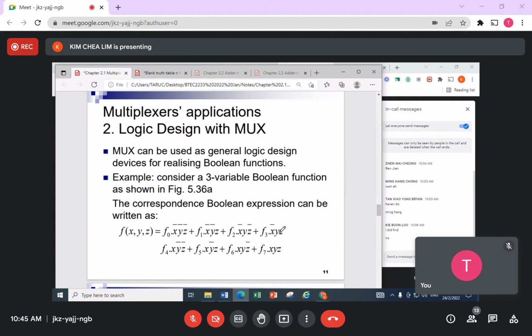In this case, my S2 is connected to X, S1 connected to Y, S0 connected to my Z. Not every time we will use S, we can use any label that connects to these points. Those labels that I connect to these points, I call X, Y and Z. And this is the data input, F0, F1, and so on.